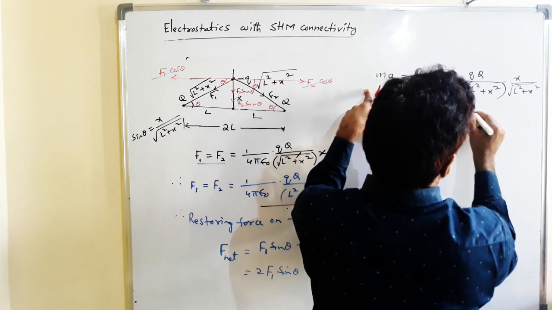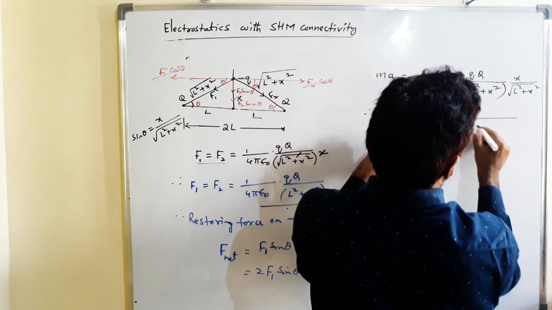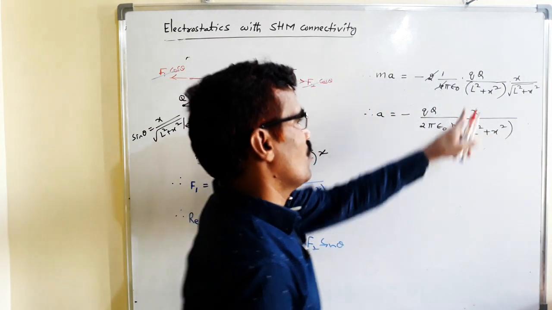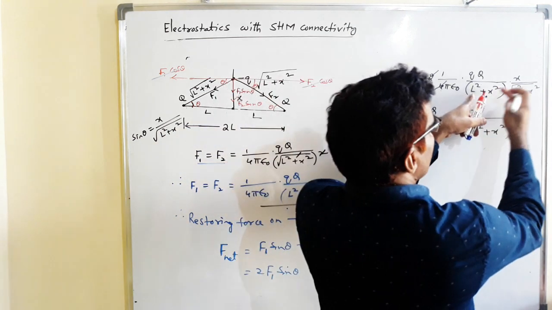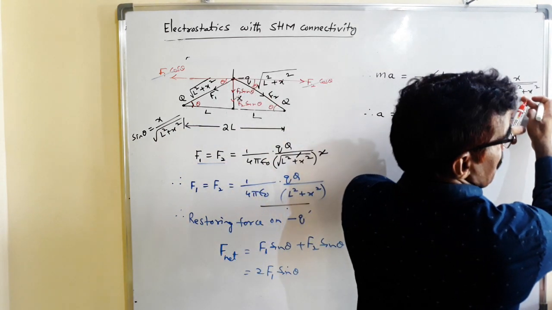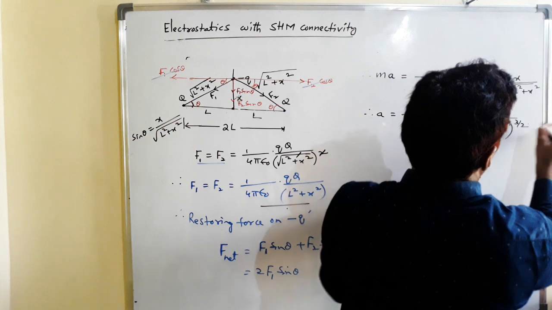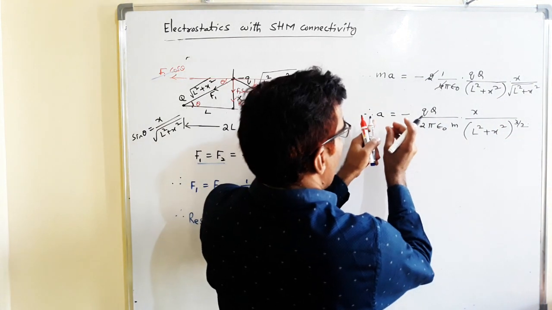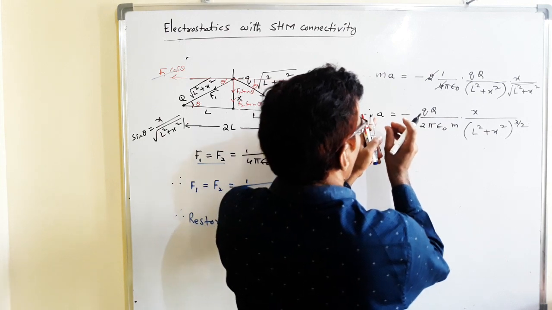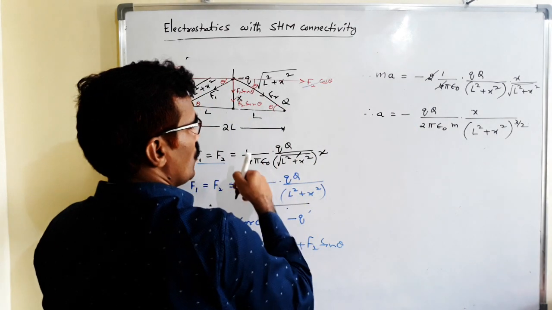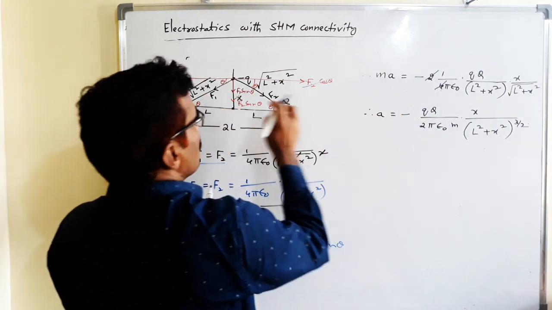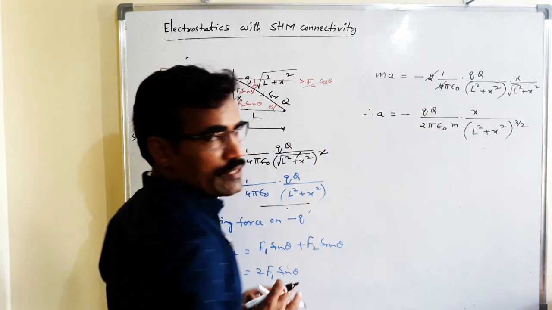So remaining is X divided by L square plus X square whole power 3 by 2. So here this is the acceleration of a minus Q charge. Here a minus indicates it is opposite to displacement.